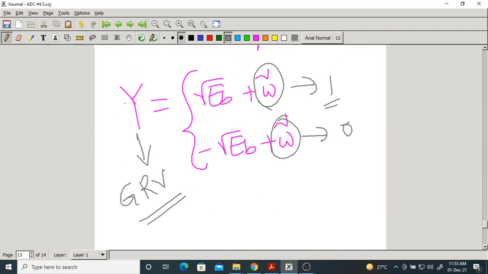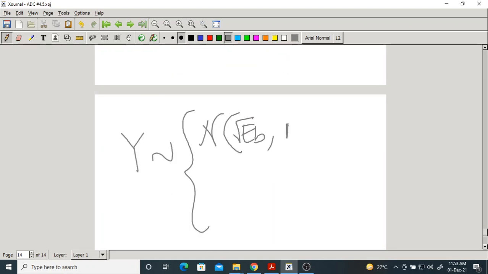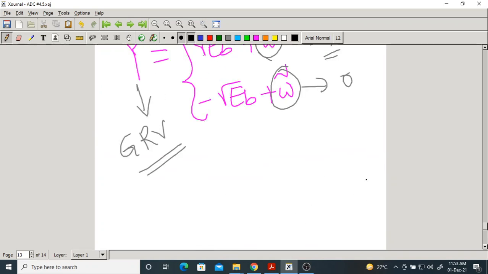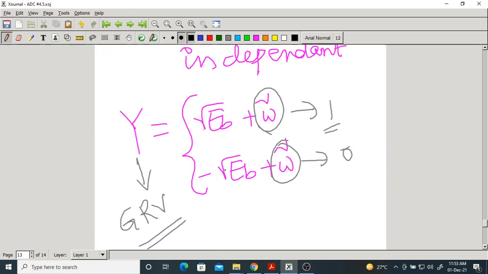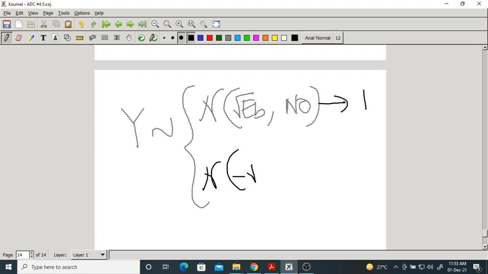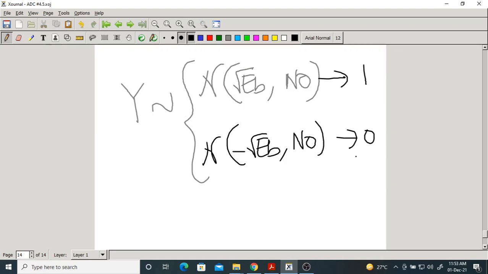Here root EB is constant, so variance is nothing but variance of W tilde, which is N0. For bit 0, the mean is minus root EB, because mean of W tilde is 0. The variance is N0. So this is a Gaussian random variable with mean root EB or minus root EB, with the same variance N0 for both bits, 1 or 0.